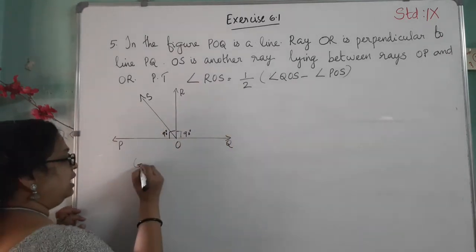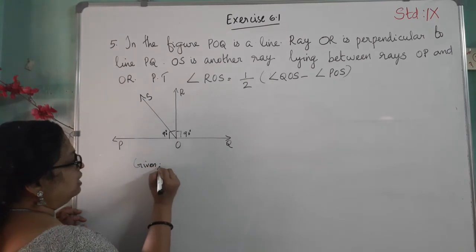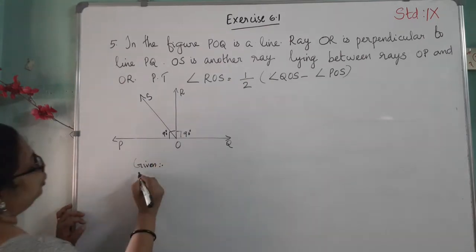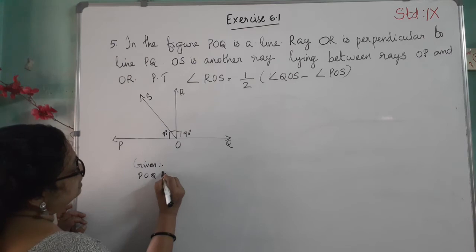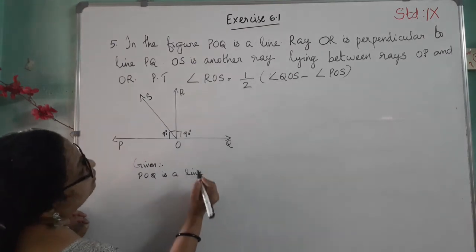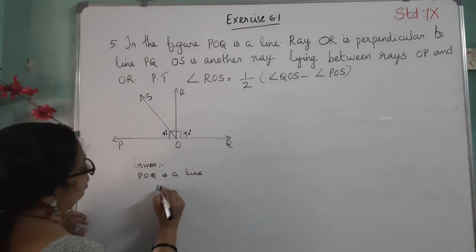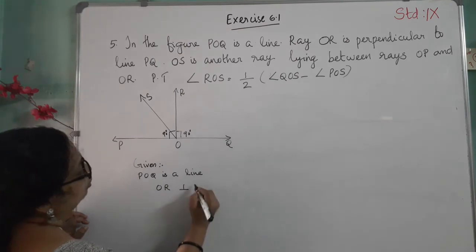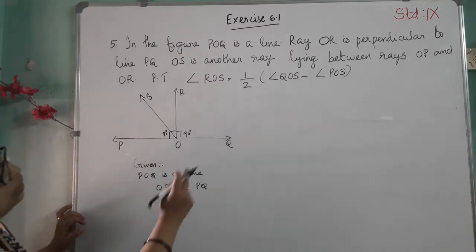So first we write given. What is given? POQ is a line, then OR is perpendicular to PQ.